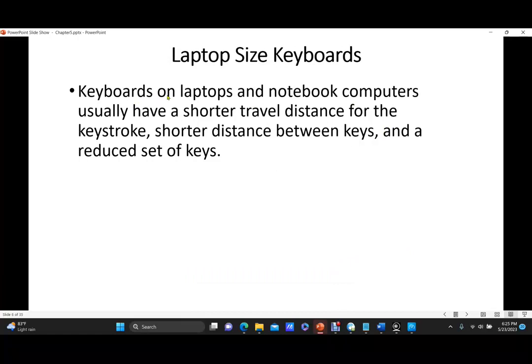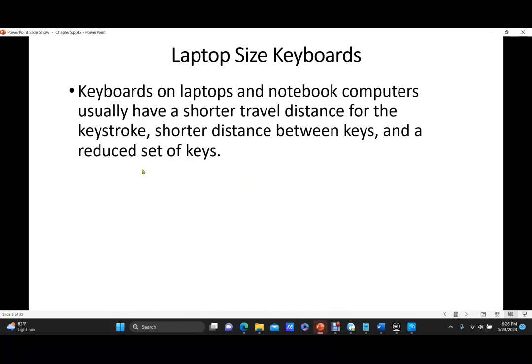Keyboards on laptops and notebooks generally have a shorter travel distance for the keystroke because the computers are thinner. They can't move as far. They also have a shorter distance between the keys. The keys are closer together because they're smaller, and they have a reduced set.